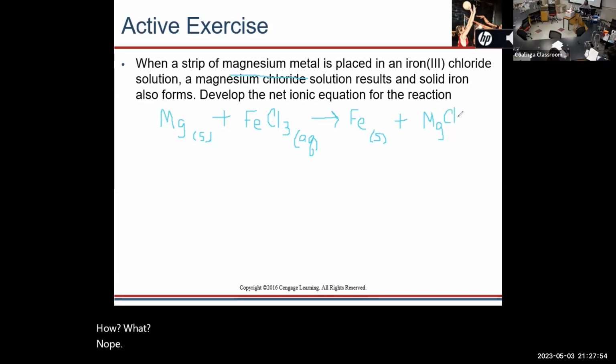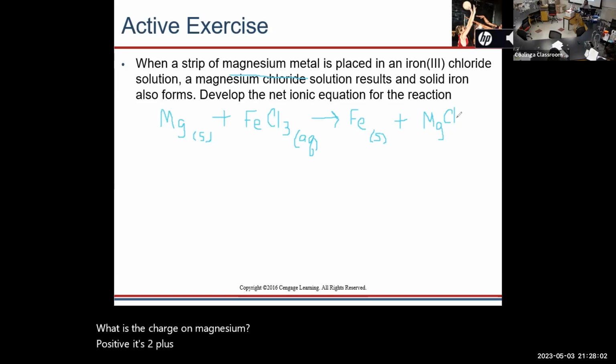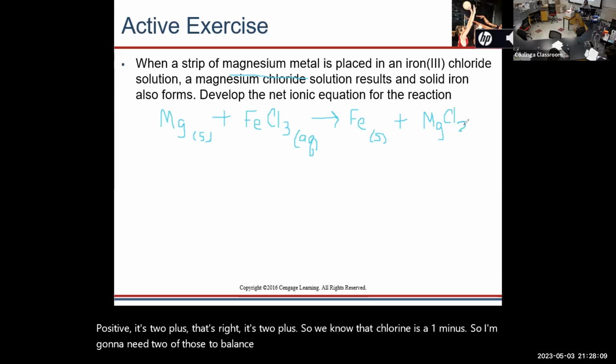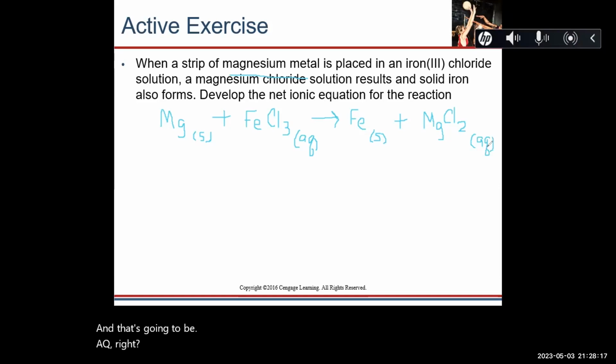What is the charge on magnesium? Positive 2 plus. That's right, it's 2+, so we know that chlorine is a 1-, so I'm going to need 2 of those to balance it out. And that's going to be aq, right? Yeah. Okay.